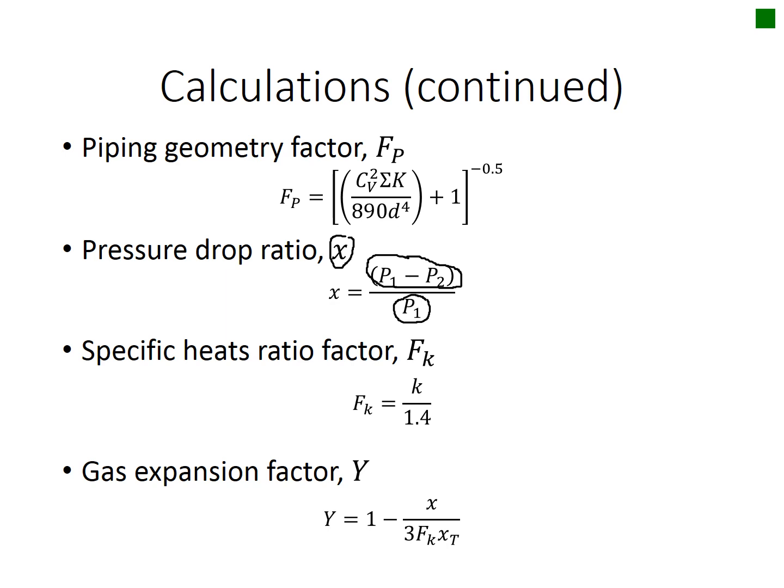And we're going to now calculate a specific heat's ratio factor Fk, which is the ratio of K divided by 1.4. And since we're dealing with gases, we also have to calculate an expansion factor Y, which is going to be a function of our value of X, Fk, and X sub T, which we got from our valve coefficient data from the manufacturer's catalog.